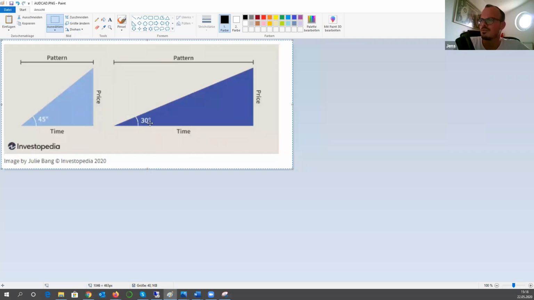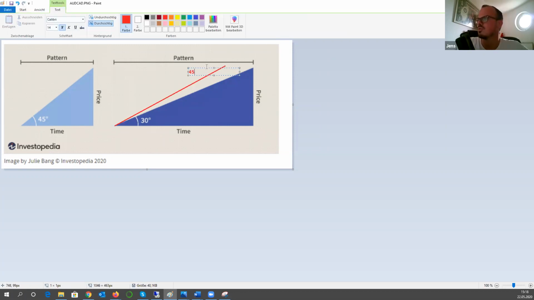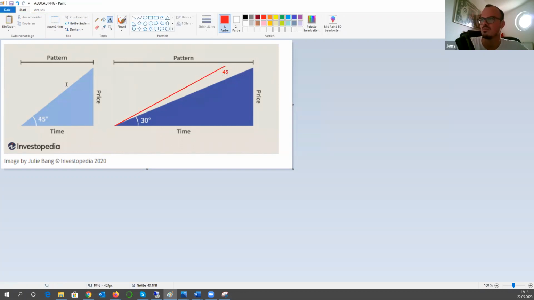Okay, so we have here the 30 degree angle, and now we do the following. Let's use a red line. Now I'm not really sure whether this is a 45 degree line, but let's assume it's 45. So we projected this part just into this chart.